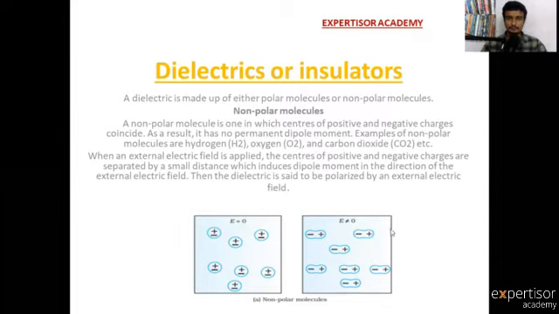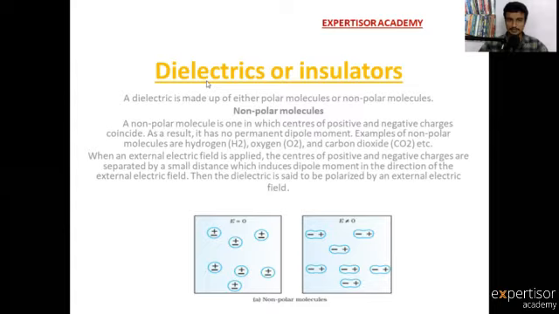So the first thing, what is the meaning of dielectrics or insulators? The main thing in dielectrics is that there are no free electrons.